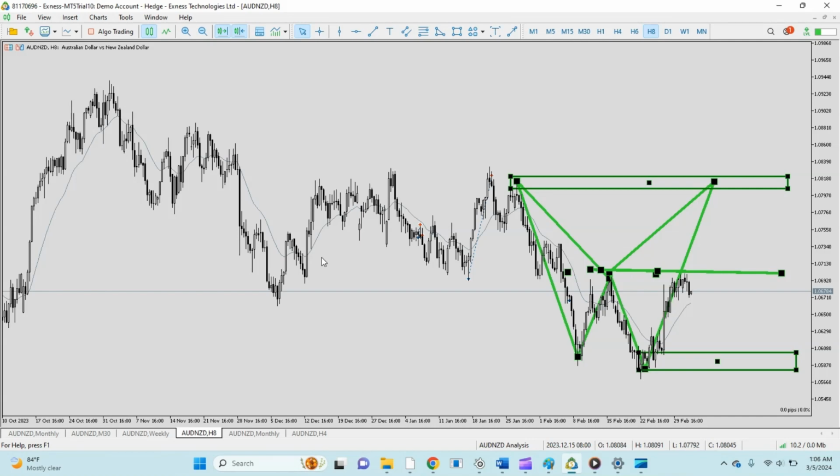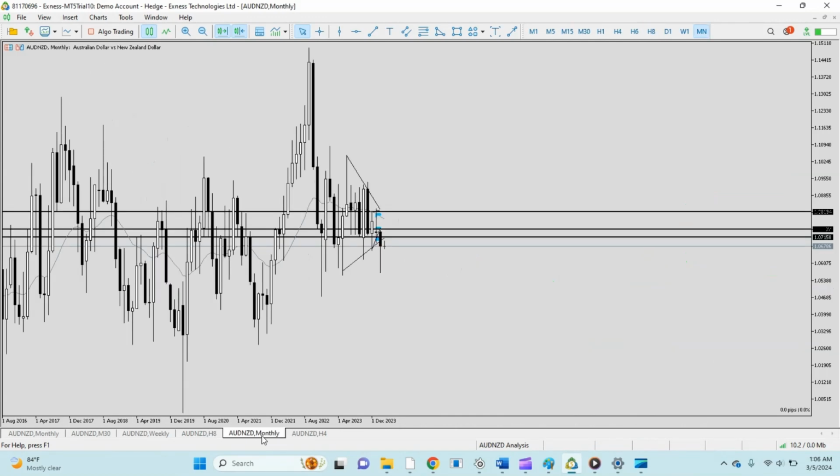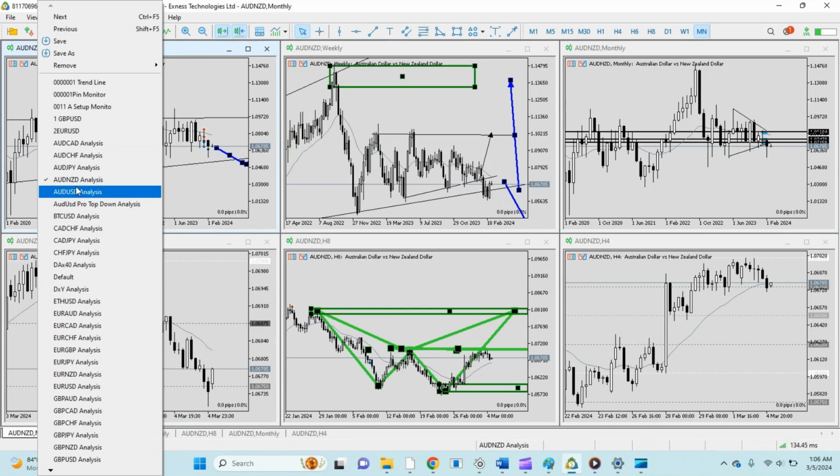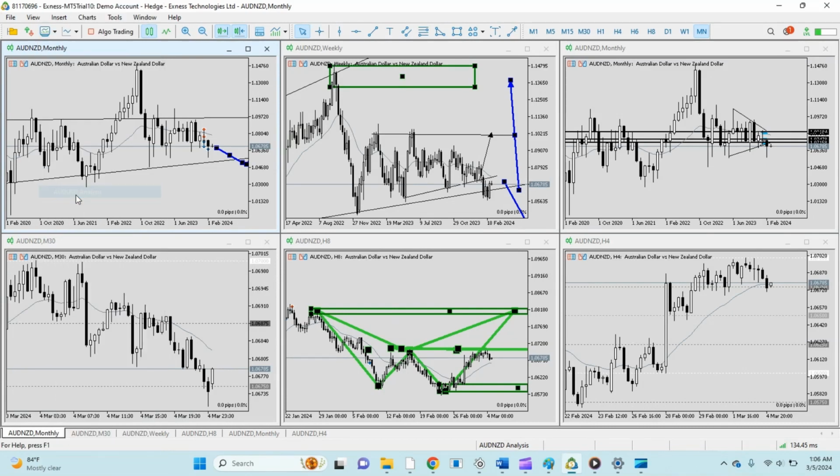It's just like being a pilot, you have to focus on many things. So we don't have any setup. We are waiting for the setups to load in this pair, Australian dollar New Zealand. Let's check another pair. I think we have done Australian dollar USD.